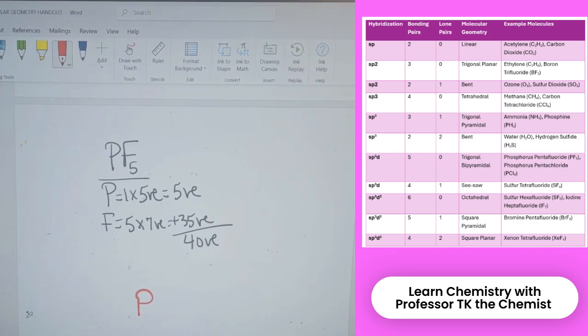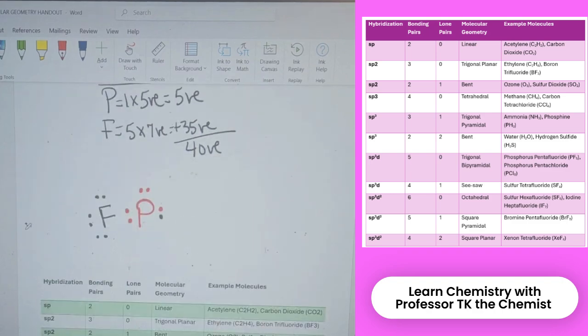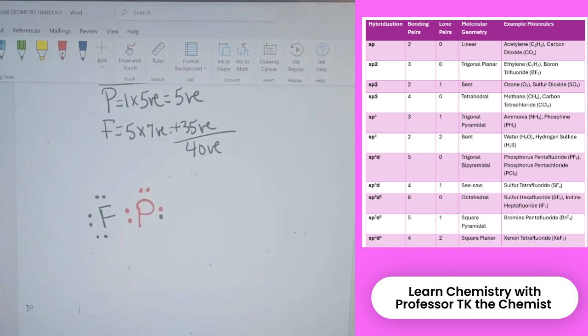All the other fluorines. So phosphorus is coming in with 1, 2, 3, 4, 5. Now, I'm going to bring in each of my fluorines, okay? So here we go. Fluorine is coming in with 1, 2, 3, 4, 5, 6. I'm going to put the extra 7th one right there. And I need some more space, so here we go.